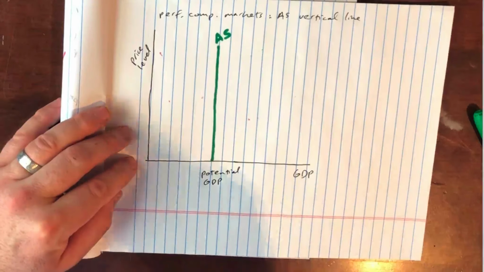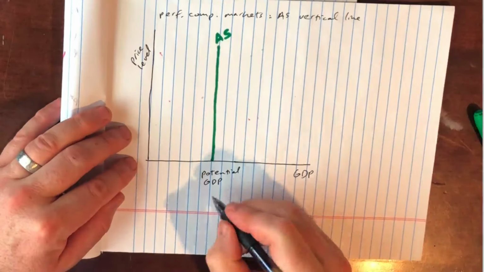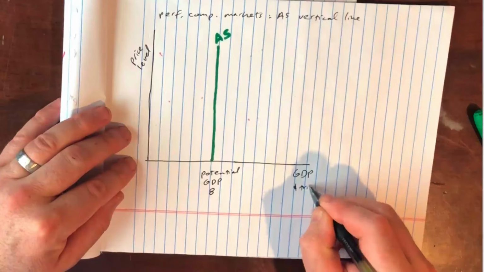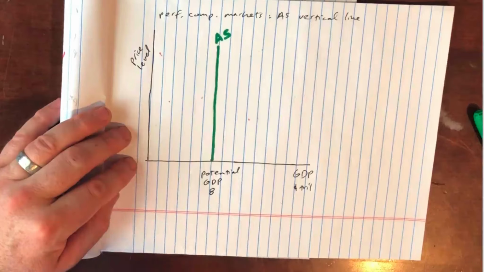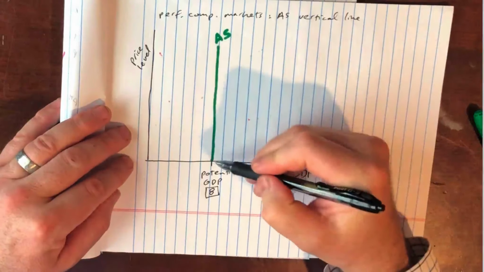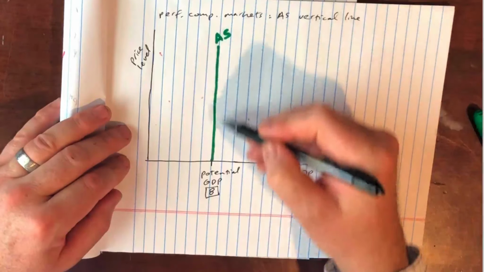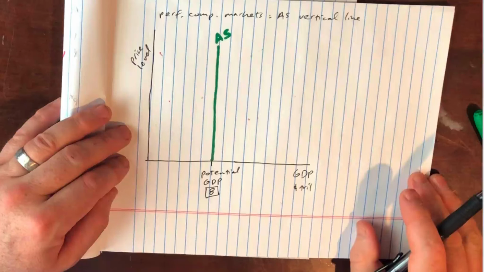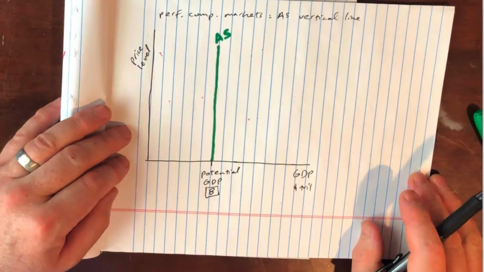Let's say that the potential GDP, again in trillions of dollars, in an economy happens to be $8 trillion. Notice, because it's a vertical line, the position of aggregate demand doesn't really matter all that much.